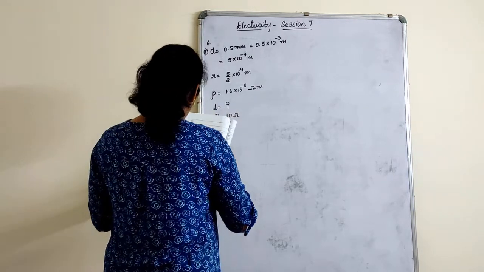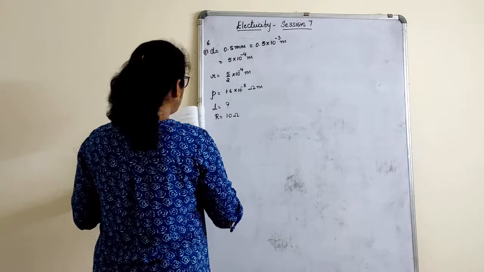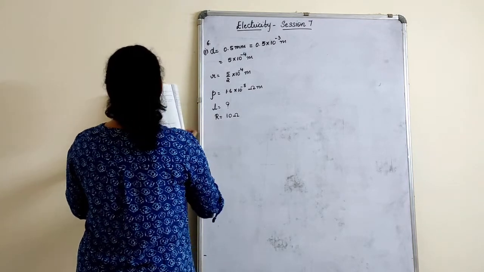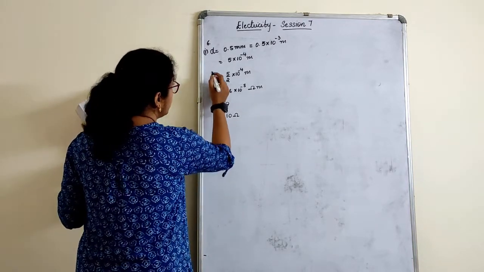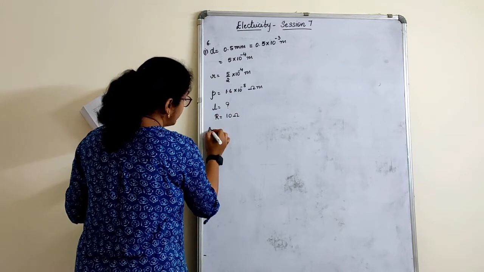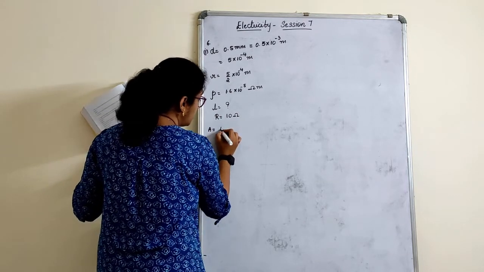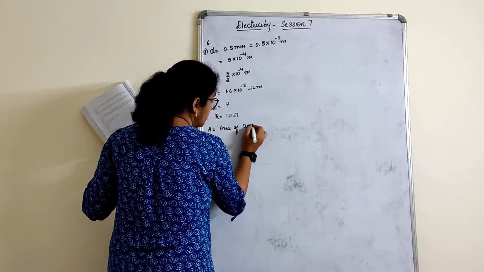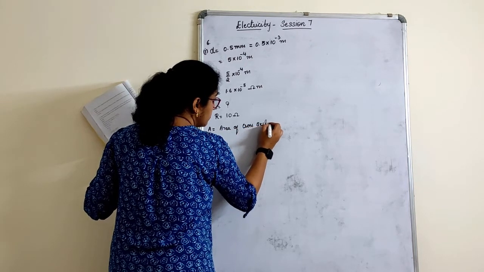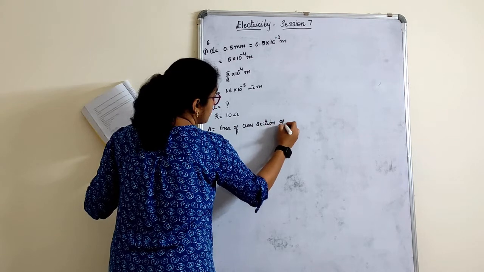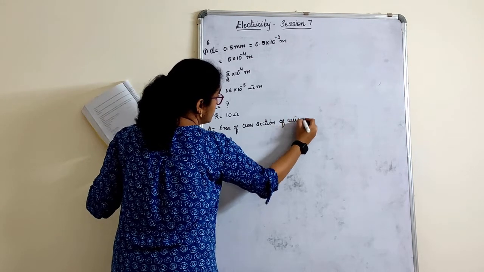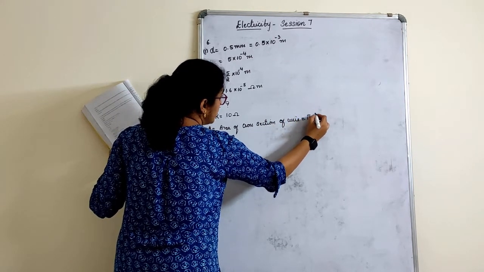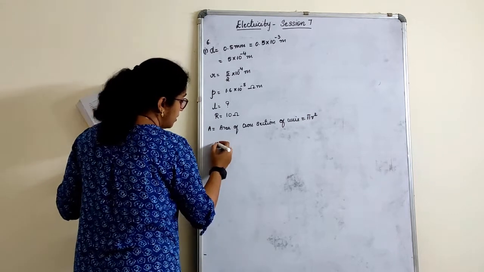So with this formula, what do we know? Before that, we have to find the area, right? Area A is equal to the area of cross section of the wire, that is equal to pi r square. Write that as it is.